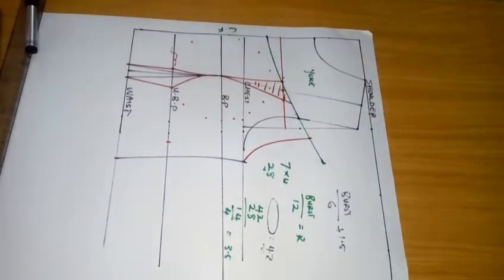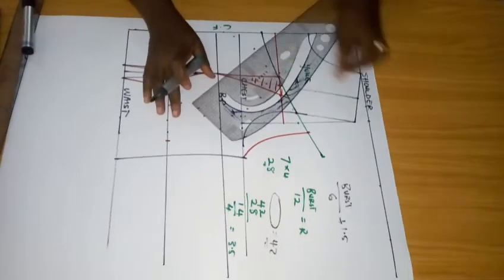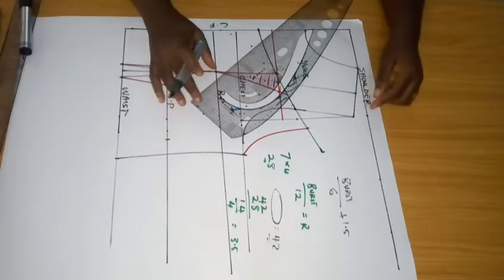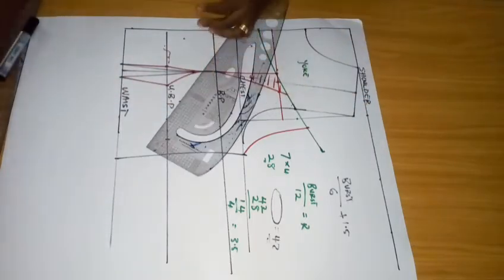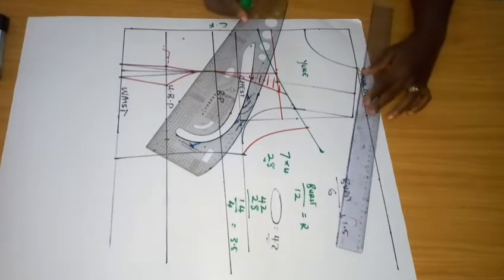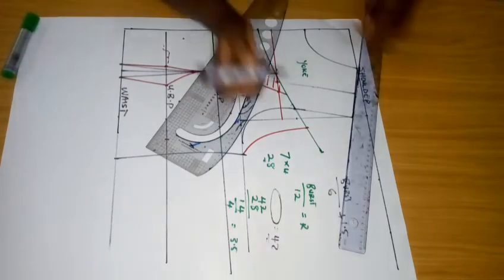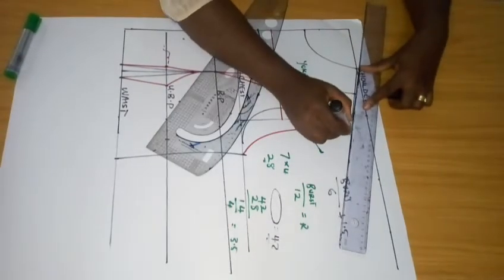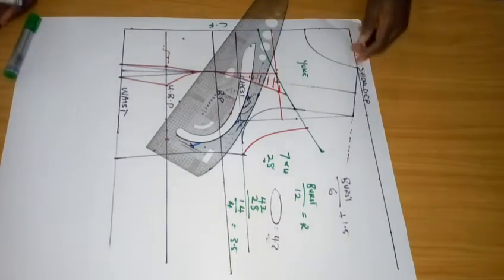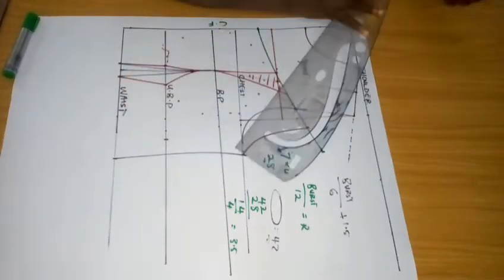I'm going to stop. So people, the next thing I'm going to do is to curve in from my shoulder. I'm going to extend the shoulder slant so we'll be able to get this curve appropriately. So I'll just make a little extension with a dotted line. This is the shoulder slant, and I'll just place my ruler like this.